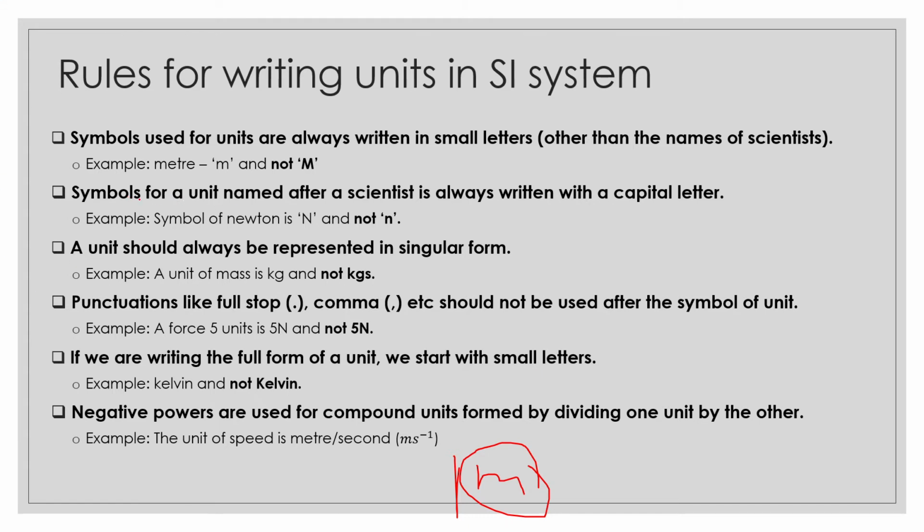Symbols for a unit named after scientists are always written with a capital letter. So 1 Kelvin, I should write K because it is the name of a scientist. A unit should be represented in singular form. So I'll write 1 kg, not 1 kgs.